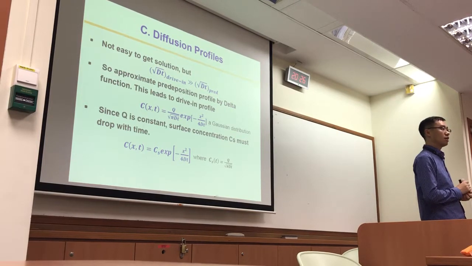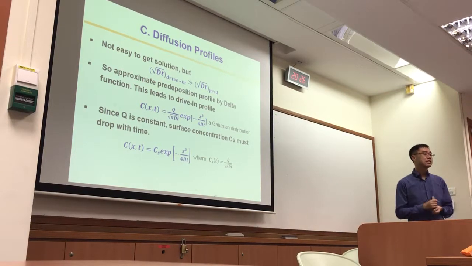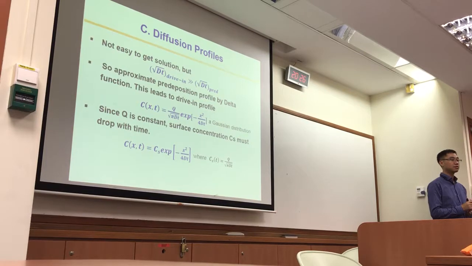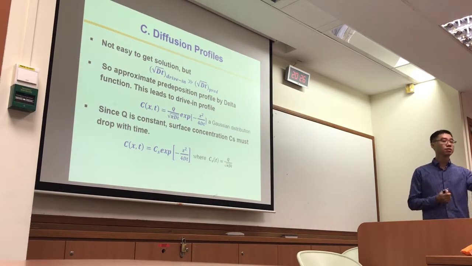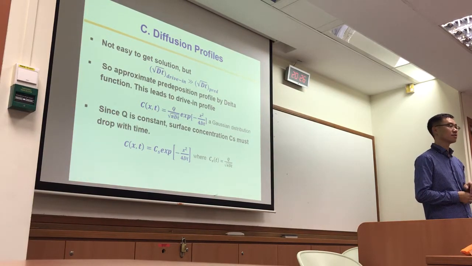Correct? During the pre-deposition process, the surface concentration is constant. But during the driving process, the dose is a constant. The total number of dopant is constant, and the dose is also a constant.